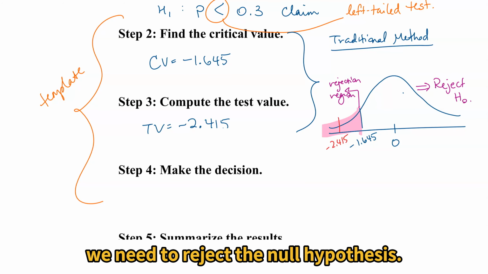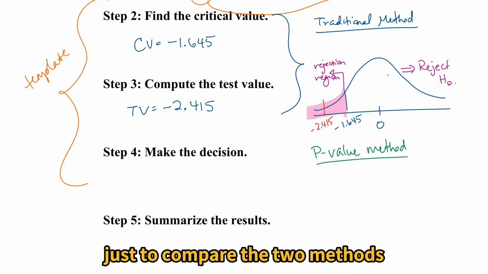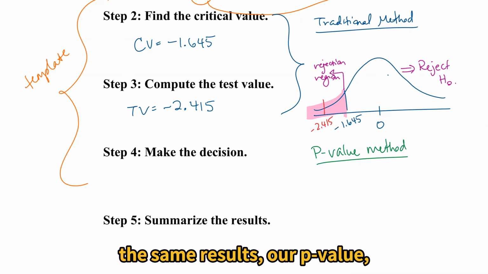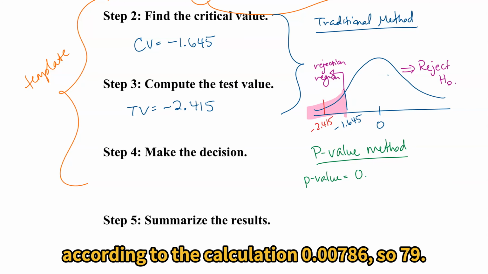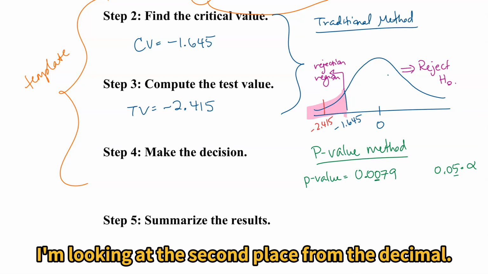If we're using the p-value method, just to compare the two methods and show you that they give us the same results, our p-value, according to the calculation, is 0.00786, so 79, and then our alpha was 0.05. Which one is bigger? I'm looking at the second place from the decimal.